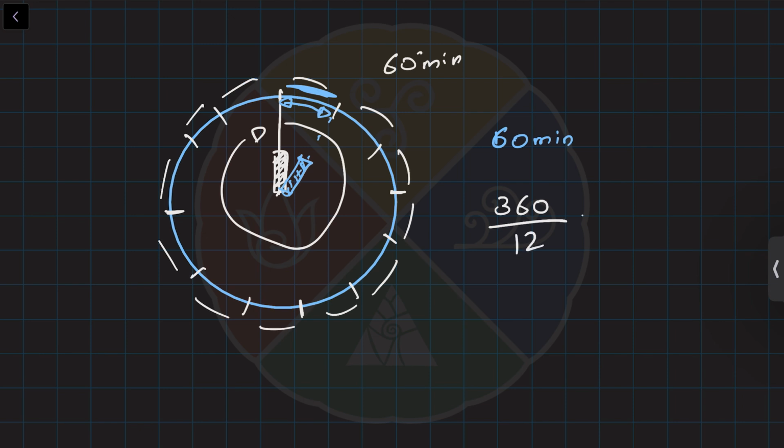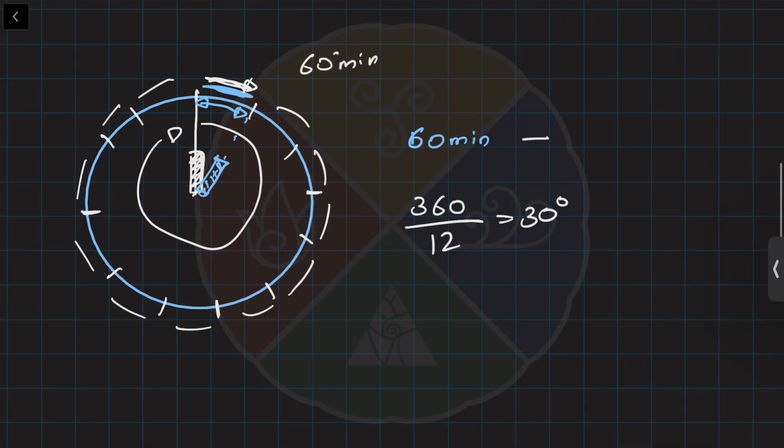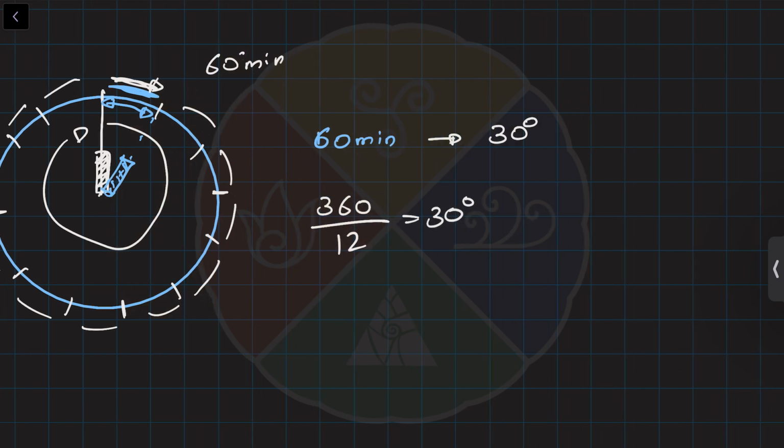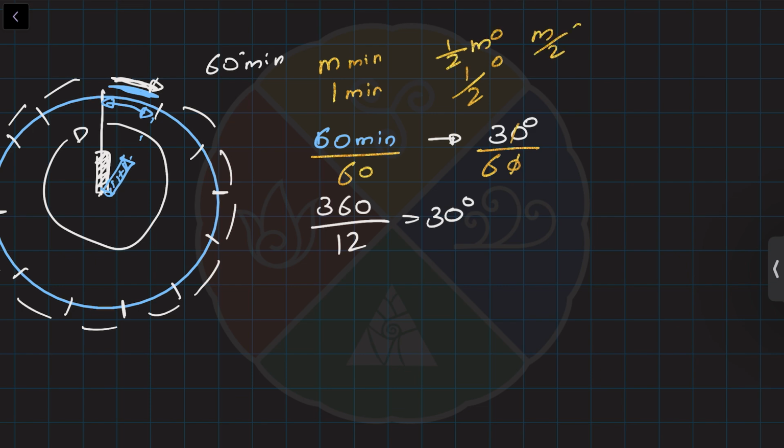This 360 degrees divided by 12 is 30 degrees, so each section is 30 degrees. That means in 60 minutes the hour hand travels another 30 degrees. To find how much it covers in 1 minute, simply divide by 60, and you find that in 1 minute the hour hand travels half a degree. Therefore in m minutes, the hour hand travels m/2 degrees.